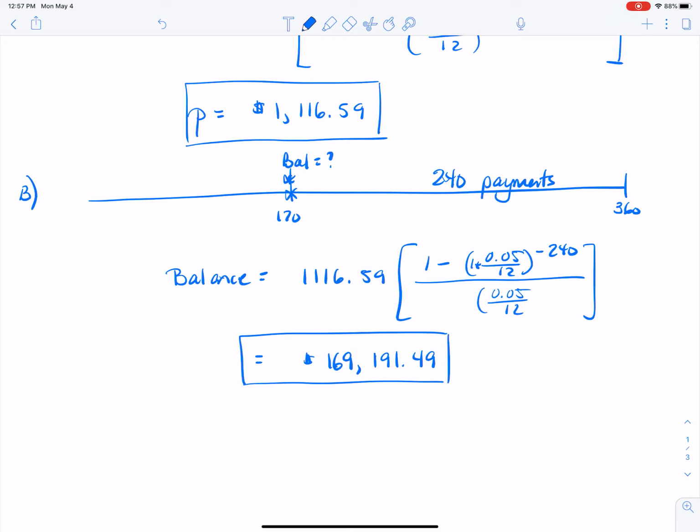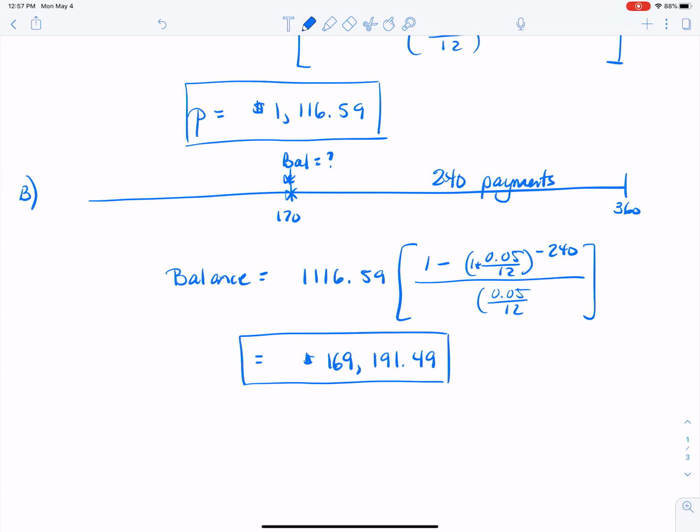That's one thing we can figure out with annuity formulas. So we already know the balance after payment number 120. We want to know also the balance after payment 108, which means there's 252 to go.